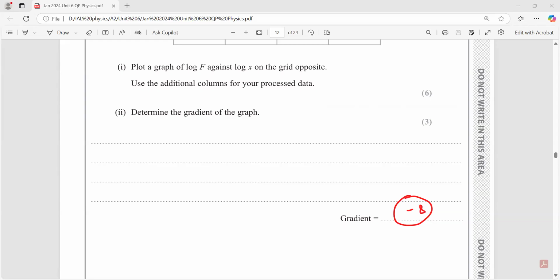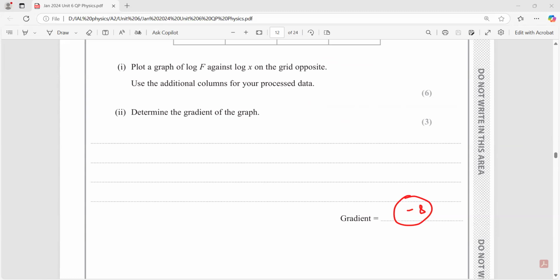The answer comes as minus 3.5. So the gradient is -3.5, but it should be -2. So minus 3.5 is not equal.